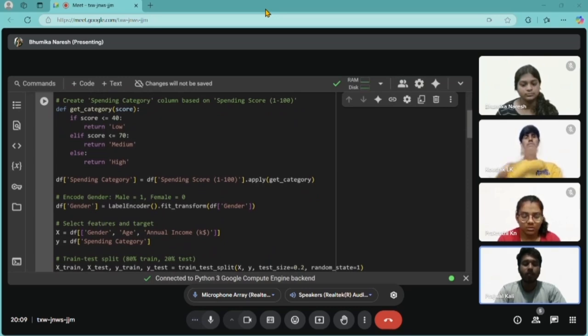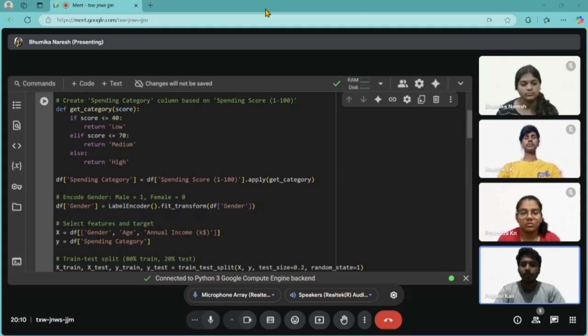Here we are using an if-else statement, converting the spending score, that is 1 to 100, into a new column called spending category. Score 0 to 40 gives low, 41 to 70 gives medium, and 71 to 100 gives high.